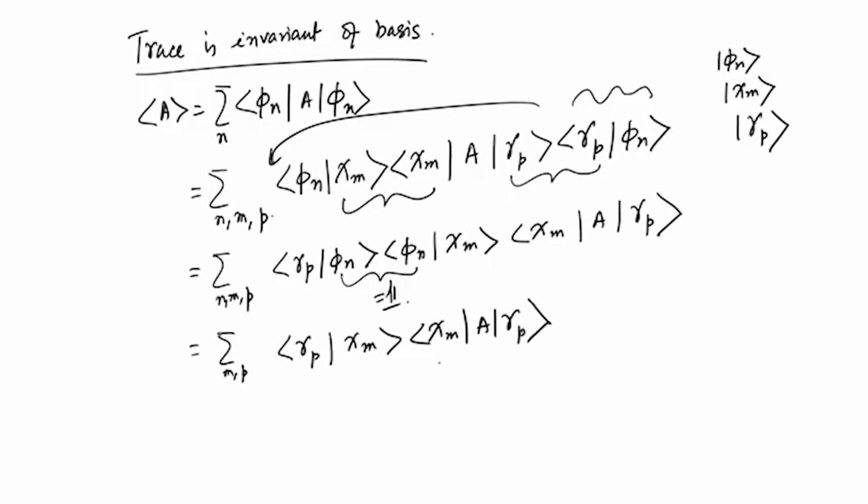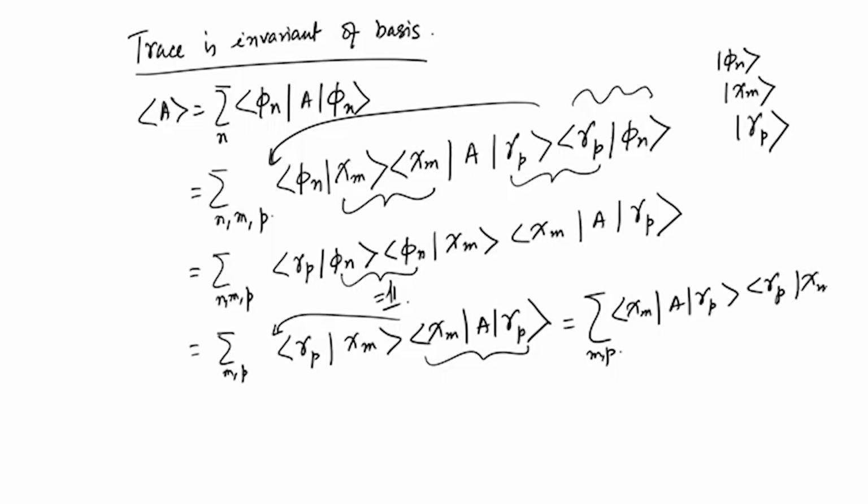And now what we can do is that, again, this is an expectation value that can be brought here. So, this can be written as m and p. We have this chi m a gamma p, and then we have a gamma p chi m.